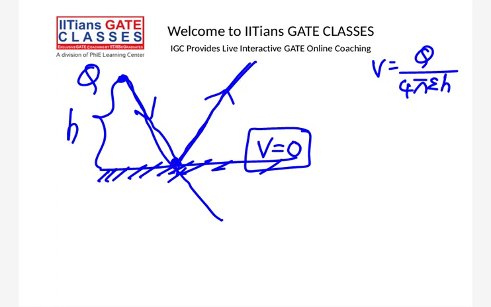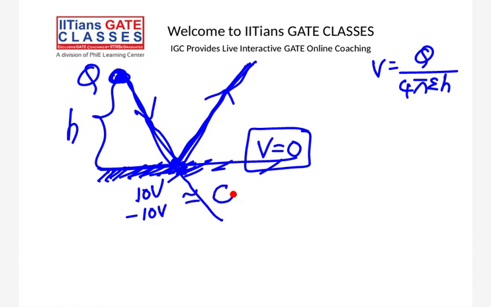So what is the meaning of that? Suppose because of this Q and this incident electric field, let us say some 10 volts has been created on the conductor. And this reflected field is also created in the same medium. So this will also cause another minus 10 volts, maintaining the ground potential as 0.